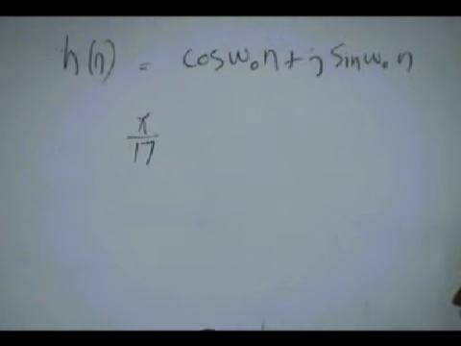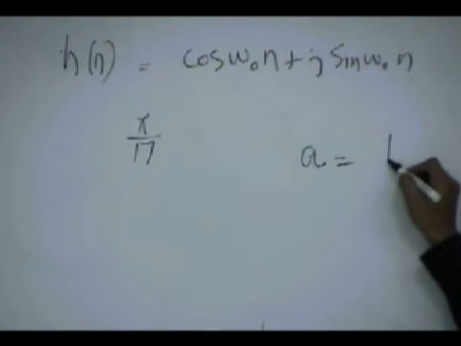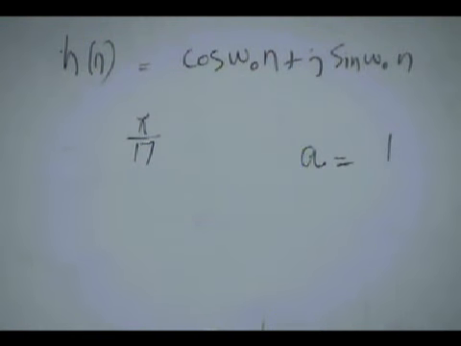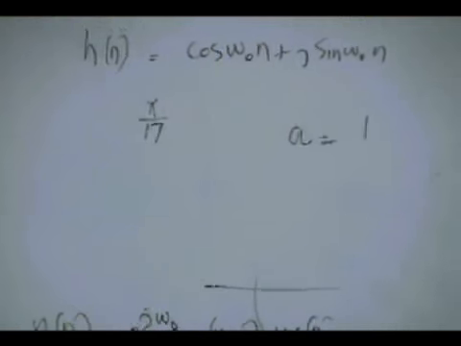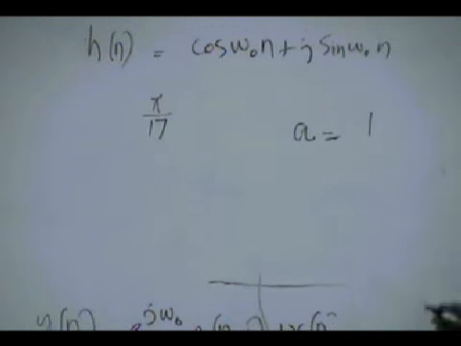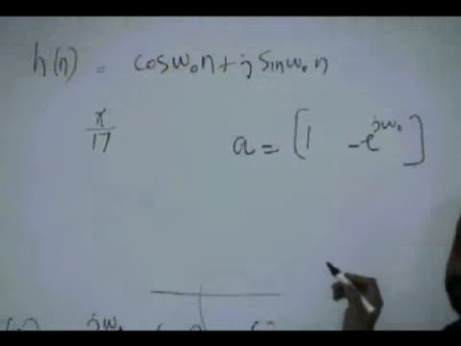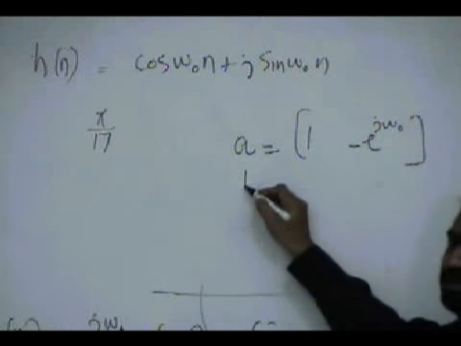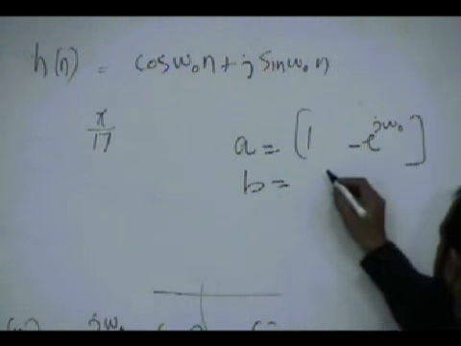So what is A here? What is A in the difference equation? Remember, A's are the coefficients of y, B's are the coefficients of x. What is A here? 1 and minus exponential j omega naught. This is the A vector. And what is the B vector? B vector is 1.